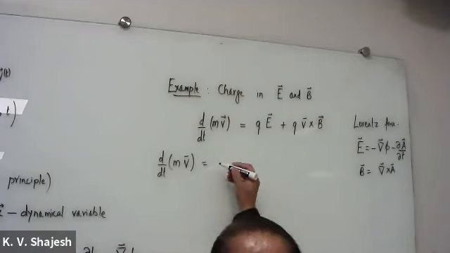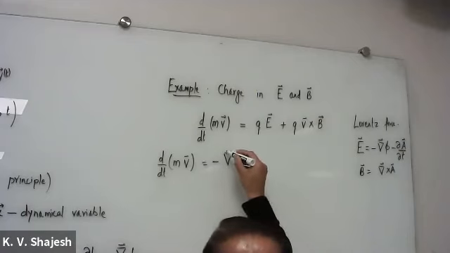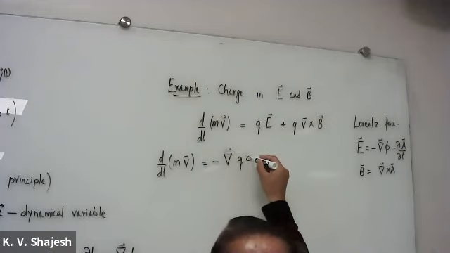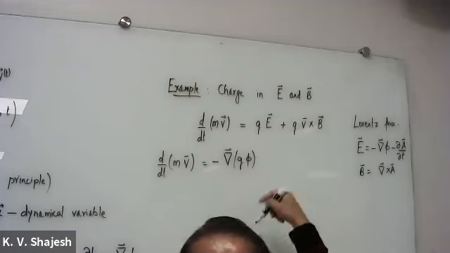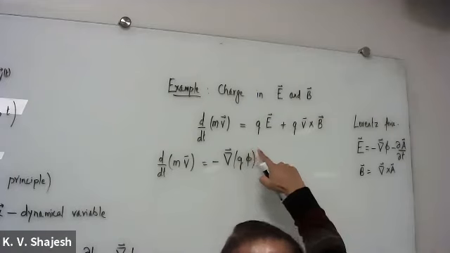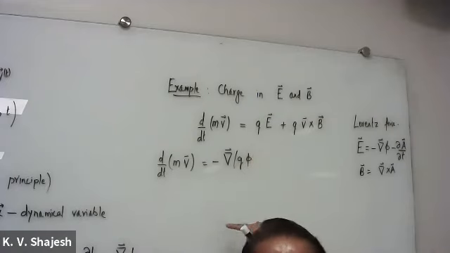So this is minus gradient of Q times phi. And oops, there's one more, right?